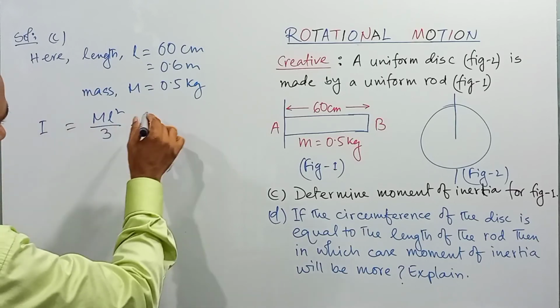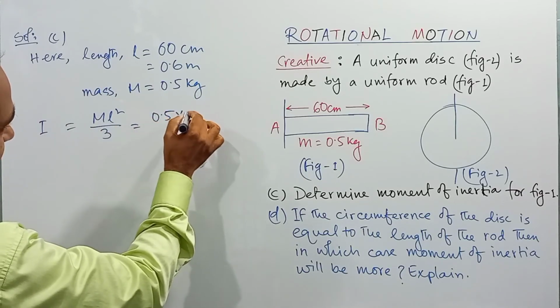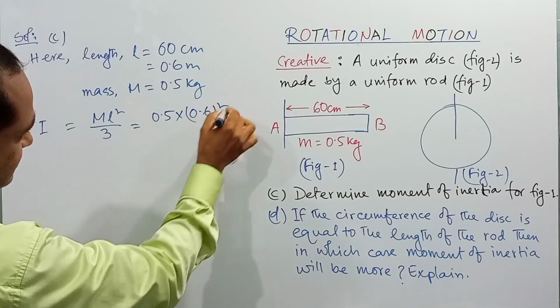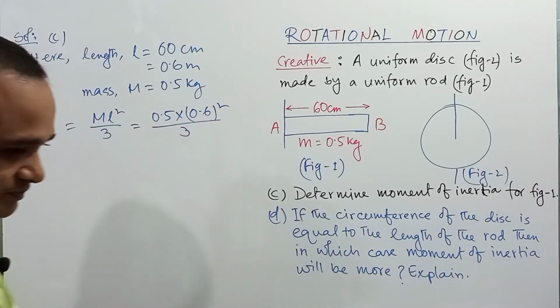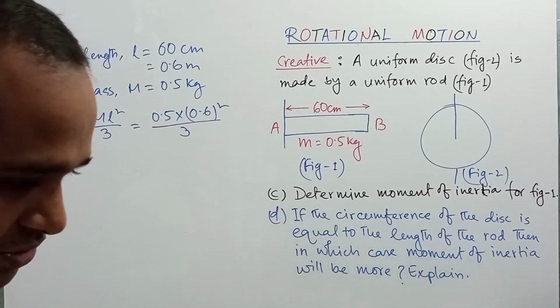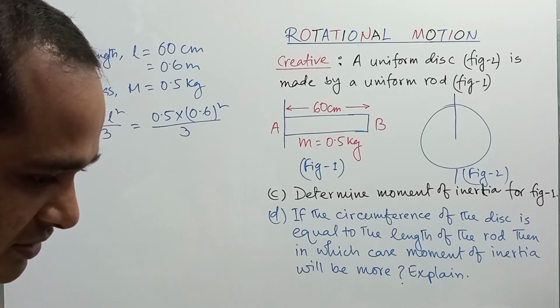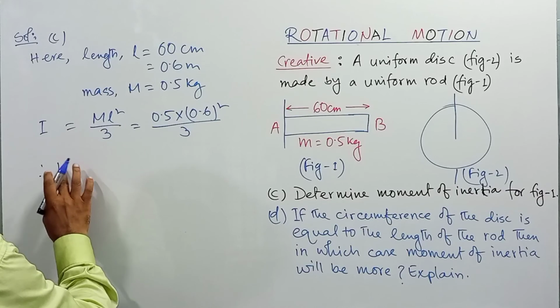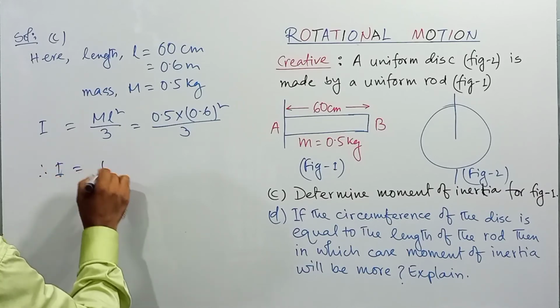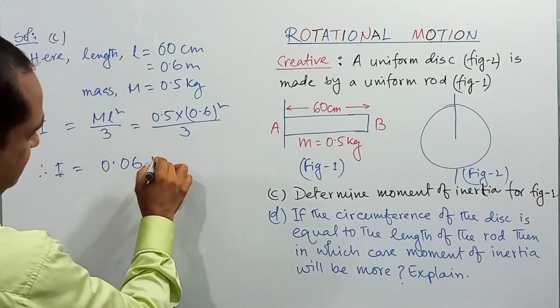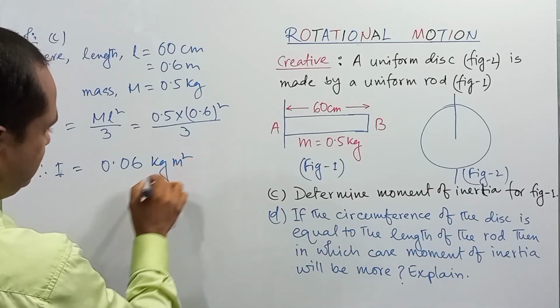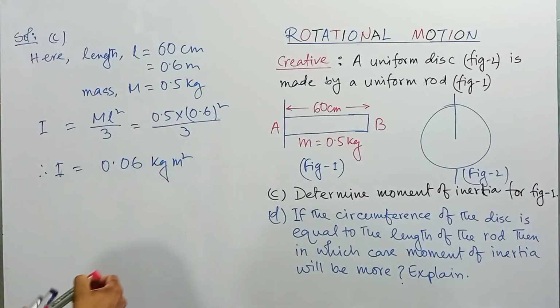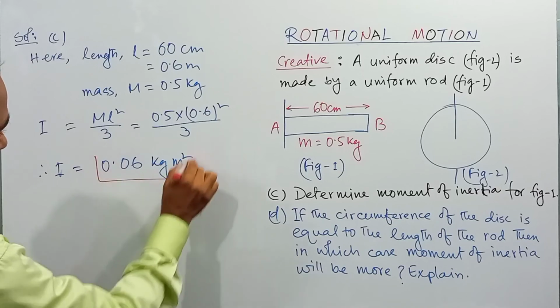So using the values, M 0.5, L square 0.6 square, divided by 3, after the calculation you will get 0.06 kg meter square. Therefore I is equal to 0.06 kg meter square. Okay, this is the moment of inertia for figure 1.